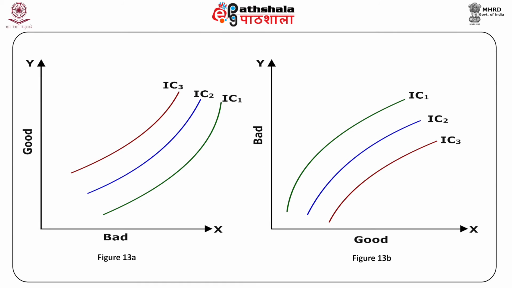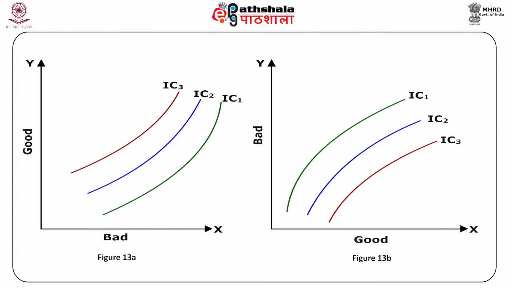If a commodity is good, more of the commodity is always preferable to less of that commodity. We have explained the indifference curves of such commodities, which slope downward and are convex to the origin. On the contrary, when a commodity is bad, more of it will lower the consumer's satisfaction.